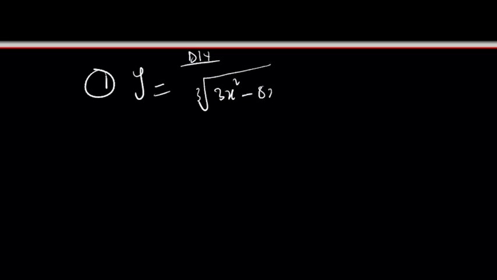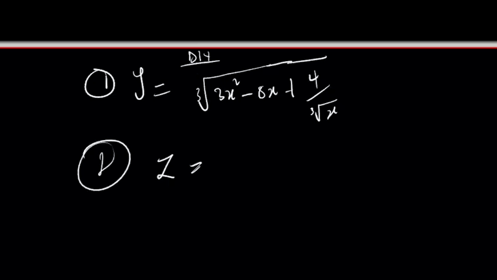So you are to do this yourself. Number 1: y is equal to cube root of 3x squared minus 8x plus 4, over cube root of x. And number 2, you have to find dy/dx.